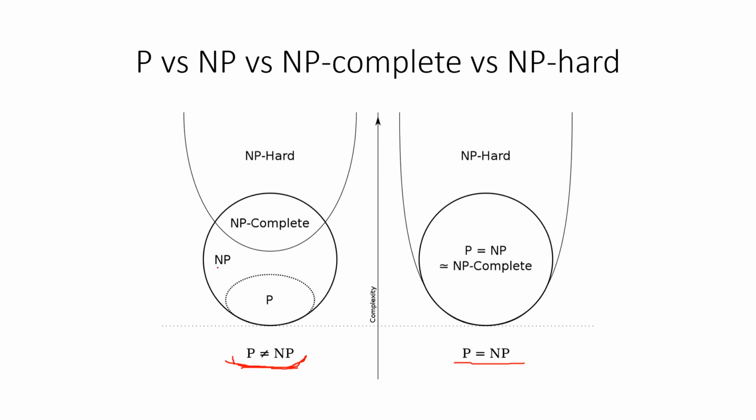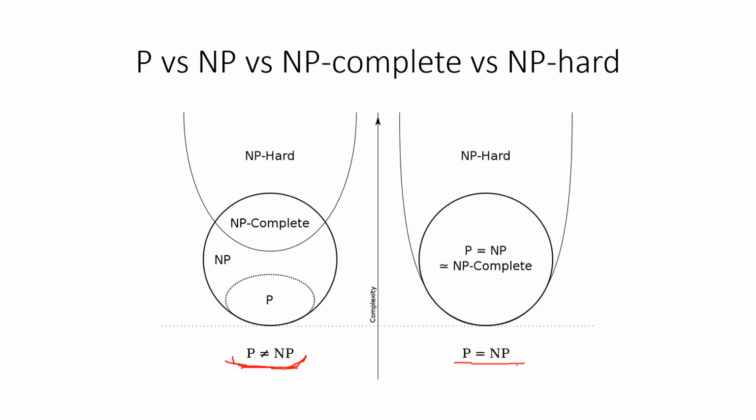And as I said before, NP is the category of problems where the certificate of the solution can be verified in polynomial time complexity. So NP-complete belongs to NP-hard as well as to NP. And NP-complete are the most difficult problems here in terms of the asymptotic analysis of the problem. And NP-hard are the most difficult problems.